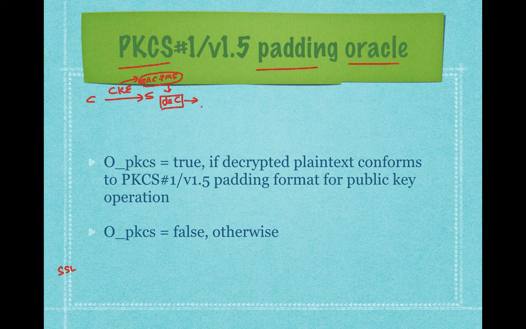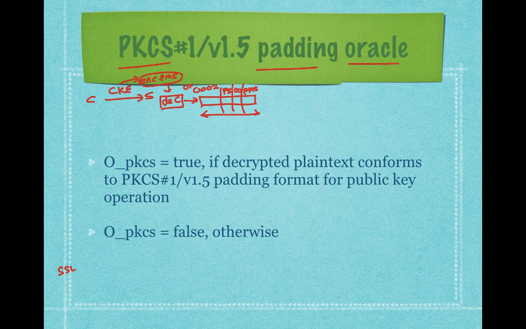After decryption, it will get the so-called padding block. The encryption block will start with the value 0002, these are all hexadecimal values, followed by some padding bytes, the padding string, followed by a marker 00, followed by your PMS value. This is what we mean by encryption block.